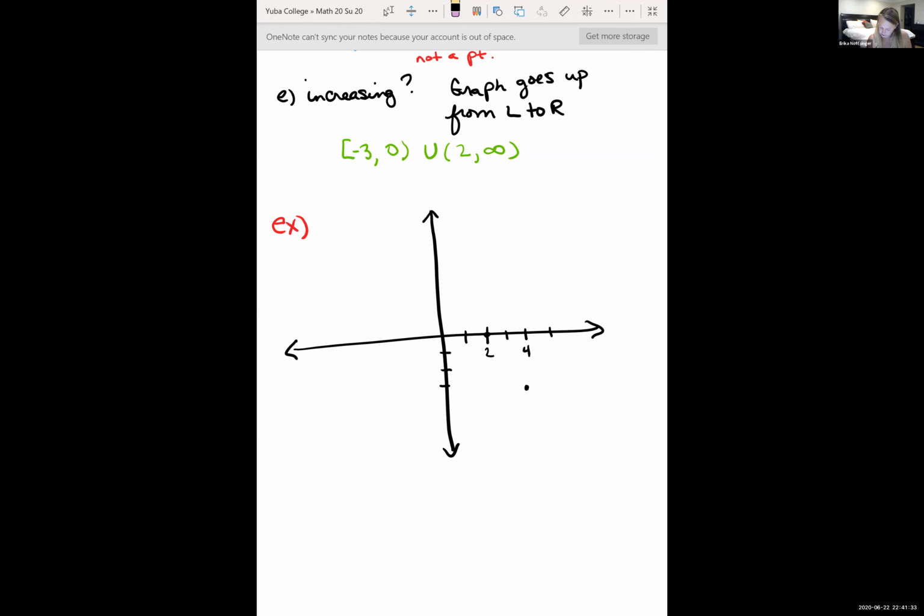Turns back around, hits the x-axis at 6, 0. It goes on forever. And this is g of x.